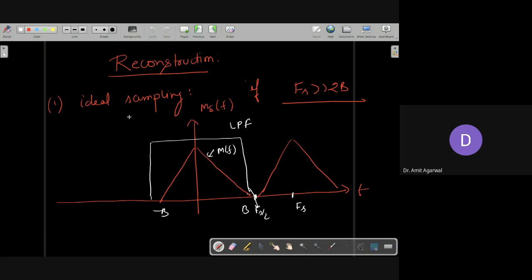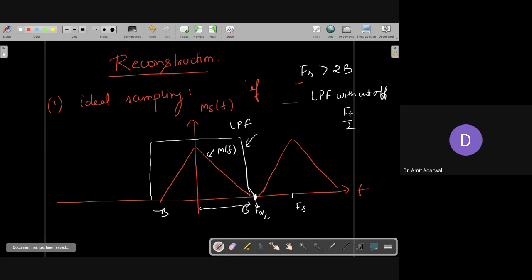In order to reconstruct our ideally sampled signal, you put this low pass filter, right? And if there were no aliasing, you can put your low pass filter at frequency fs by 2. Since you remember, for no aliasing, the condition was that fs is greater than 2b. And in order to get your signal back, whose bandwidth is b, you can always take a low pass filter with cutoff frequency fs by 2, which is greater than b.